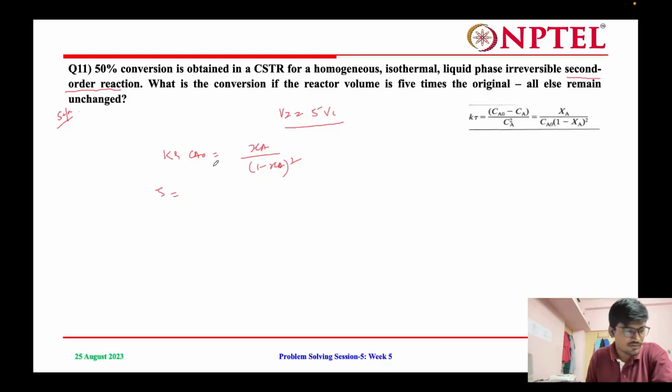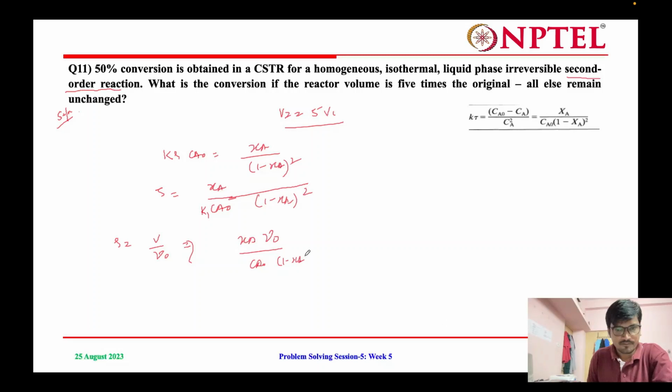So tau equals X_A / (k C_A0 (1 - X_A) squared). We can write tau equal to V by V naught, so k V / V naught = X_A / (C_A0 (1 - X_A) squared).